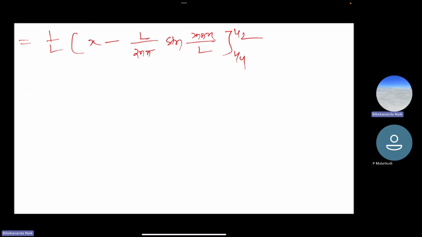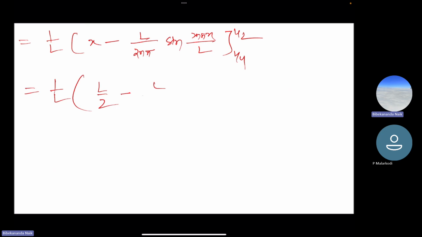So if you solve the integration, it will be 1 by L times [x minus L by 2n pi sine 2n pi x by L] from L by 4 to L by 2. So if you calculate, it will give you 1 by L, then L by 2 minus L by 2n pi. So 2n pi means n equals 2.